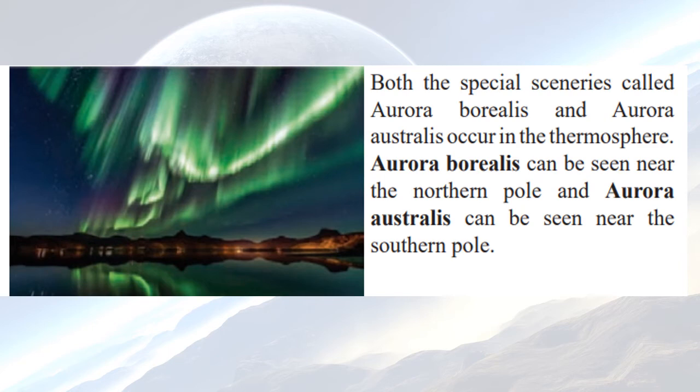This is a natural light displayed in the Earth's sky, predominantly seen in the high altitude regions in the poles. Aurora borealis can be seen near the northern pole and aurora australis can be seen near the southern pole.